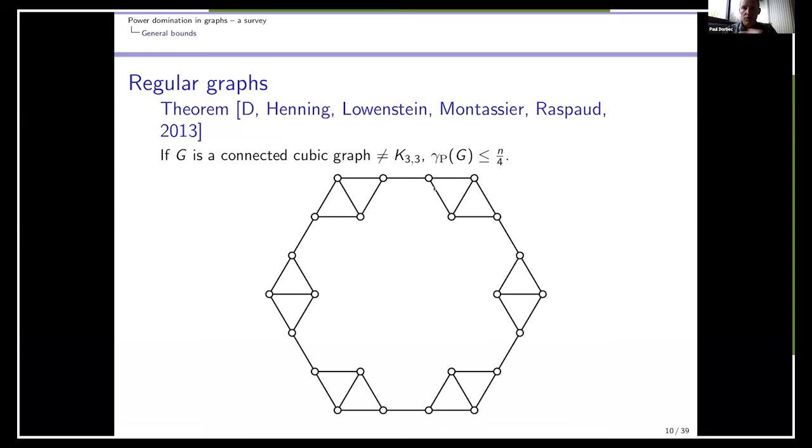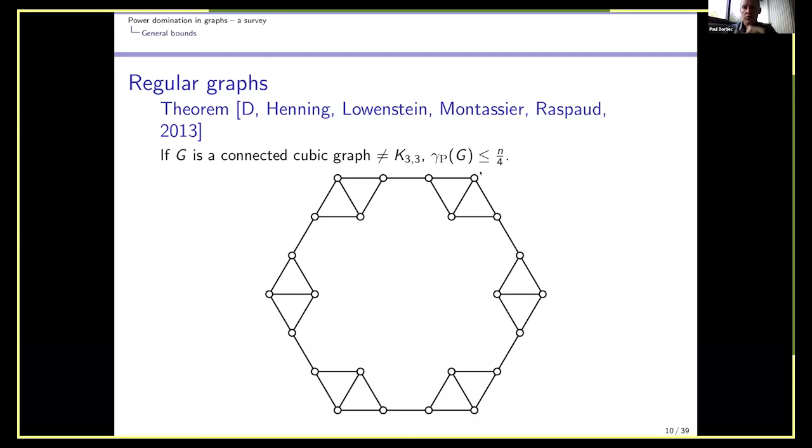Every vertex has 3 neighbors. So every vertex chosen in a power dominating set will dominate at first 3 neighbors. So maybe there could be some redundancy if we choose vertices which are not far apart, but we could prove that we still manage to dominate the whole graph with at least 1/4 of the vertices.